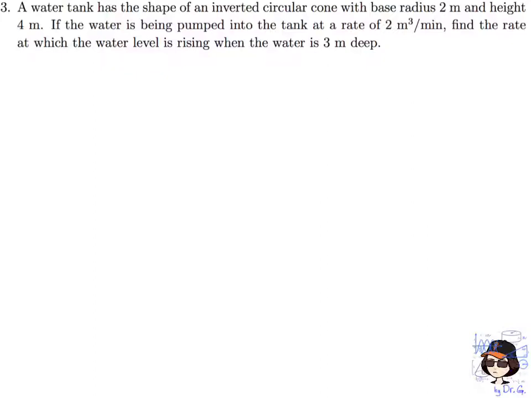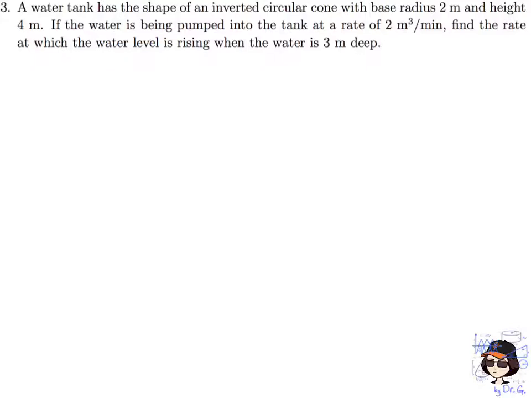And we can picture that. We can picture the water filling up the tank. The water level is the height of that cone, the water cone, or the conical shaped water. That height is increasing. The height of the tank is not increasing. That stays constant at 4.